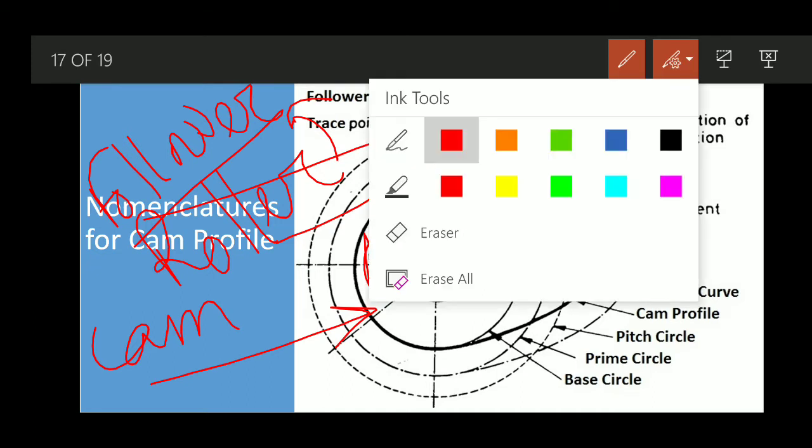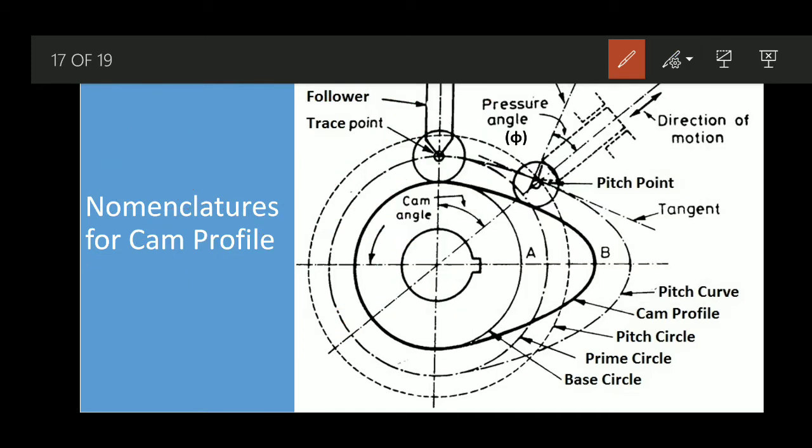Now you can see here we are showing one point, and it's the trace point. So what is this trace point? It is the reference point on the follower for the purpose of tracing the cam profile. So this point traces the cam profile.